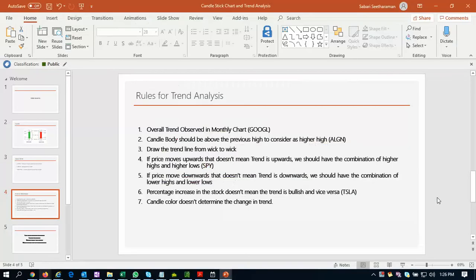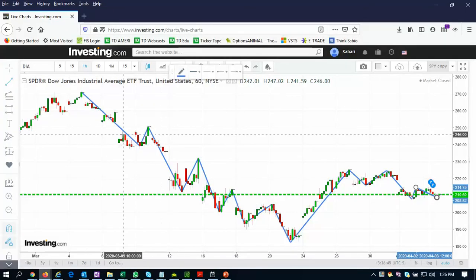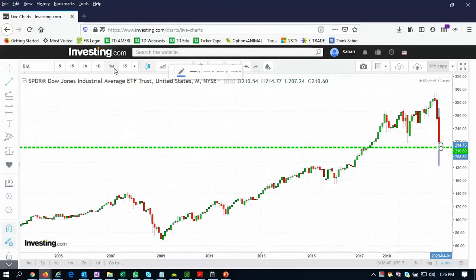What are the rules for trend lines? Overall trend is observed in the monthly chart. So for the overall trend, we should go to the monthly chart. So now if this candle closes below this, I mean to say it's not one candle that decides the trend. A series of higher highs and higher lows will decide a trend.